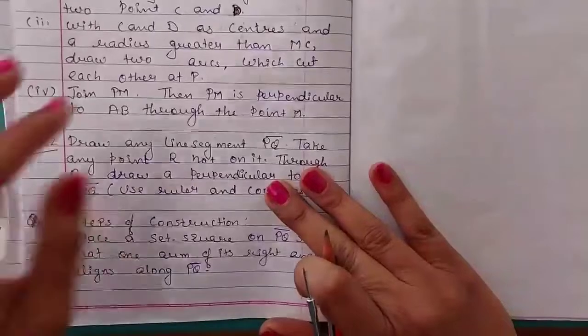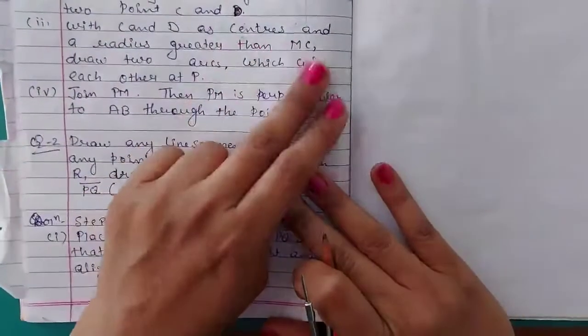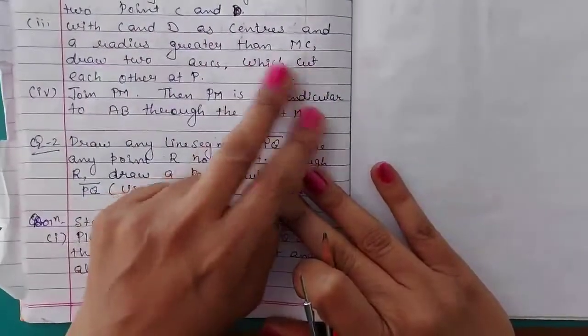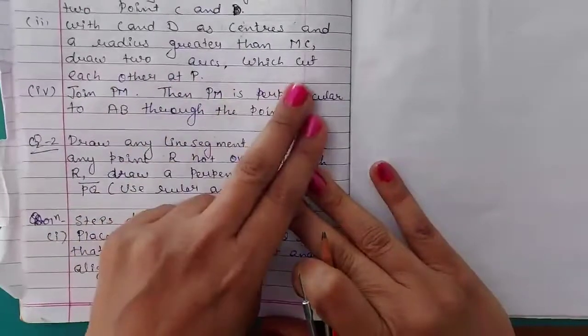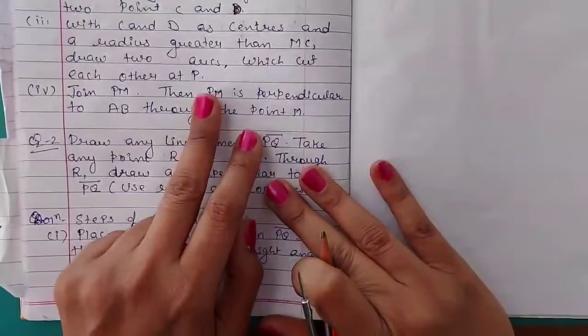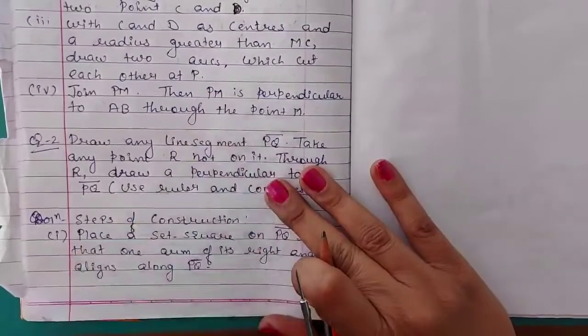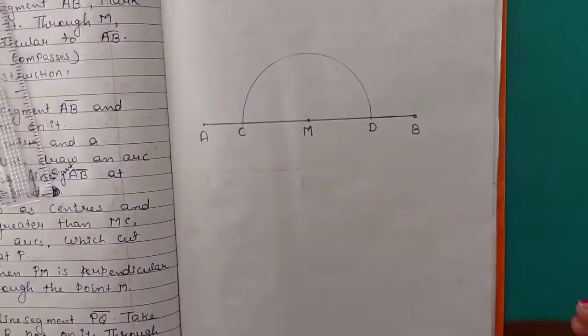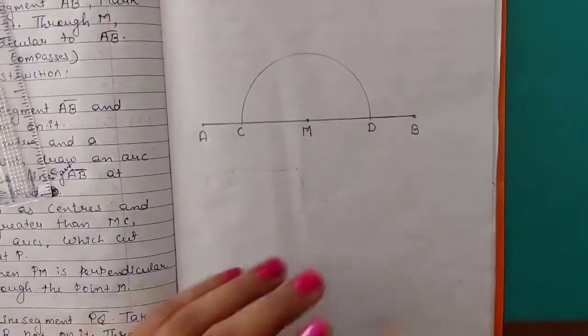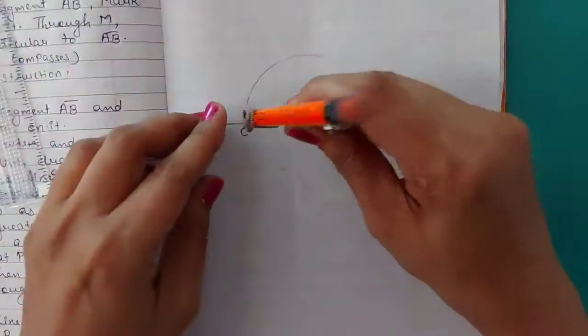Step number 3. With C and D as centers and a radius greater than MC, draw 2 arcs which cut each other at P. So here now with C and D as the center we have to draw 2 arcs and radius should be greater than MC. So students, this is the radius of MC.